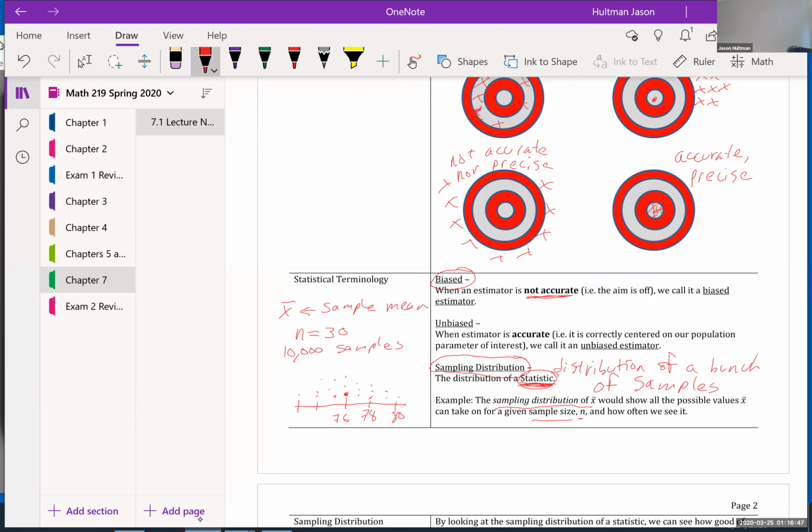What we're going to see is that if we have enough samples, and our sample size is large enough, the distribution is approximately normal. We call that the distribution of X bar for this given scenario.